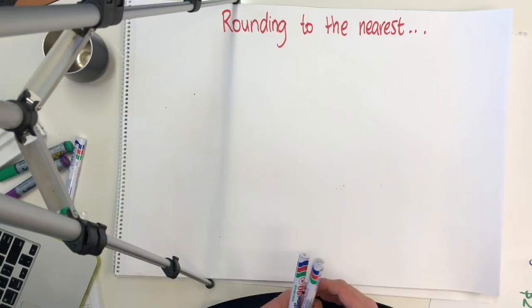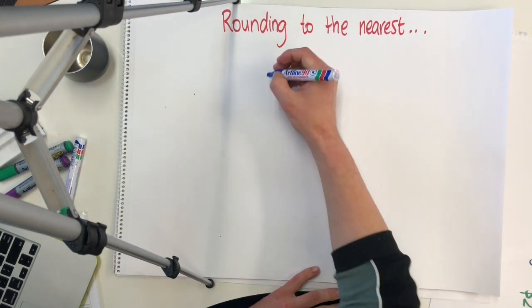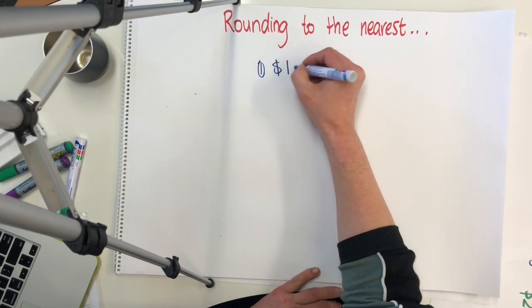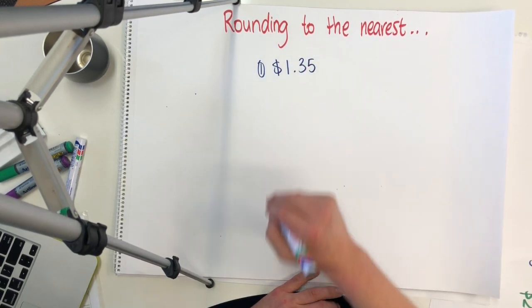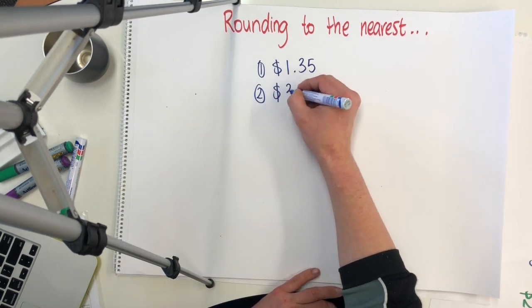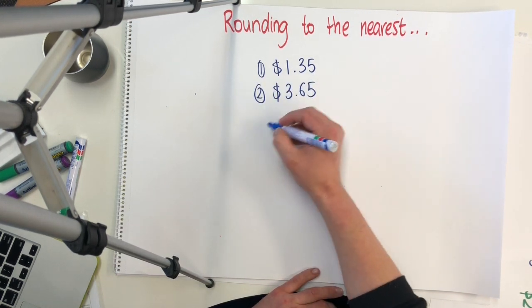As an example, I go to the supermarket each week and I buy some items. And I'm going to buy 5 different items. Item 1 is going to cost me $1.35. Item 2 is going to cost me $3.65.